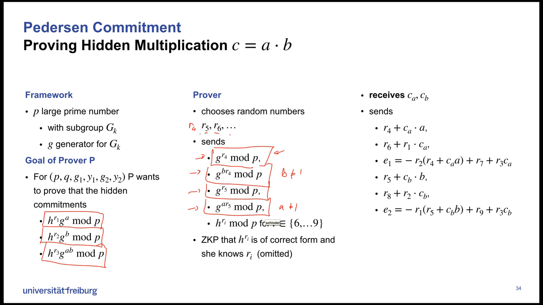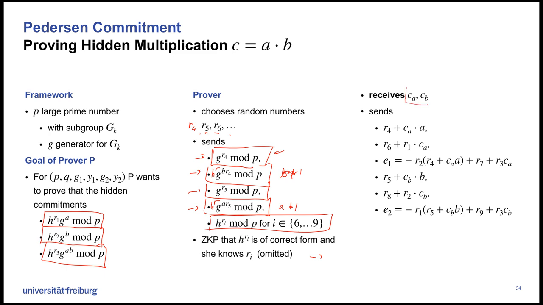Okay, so that's a bummer. So basically that means I have to send here h to the power of some new random number, because otherwise I would reveal some secrets. When I prove this, I need some h to the ri's, and prove that this has this property. And this is done before.